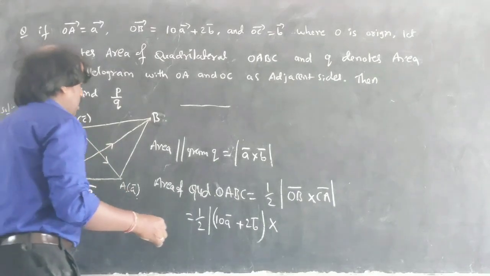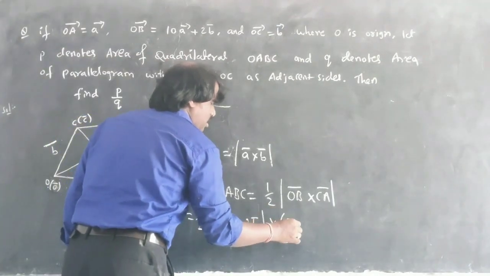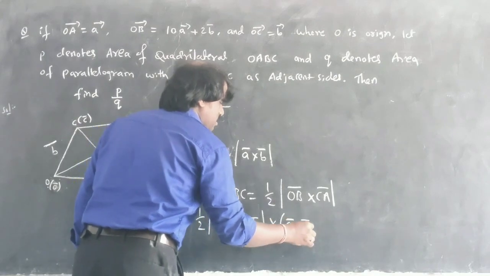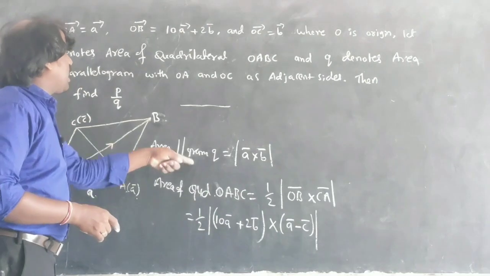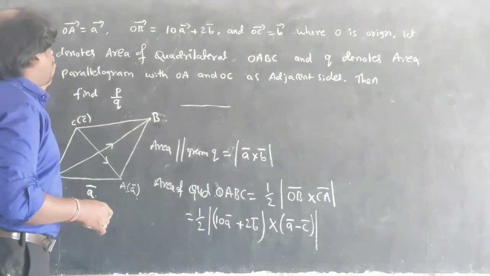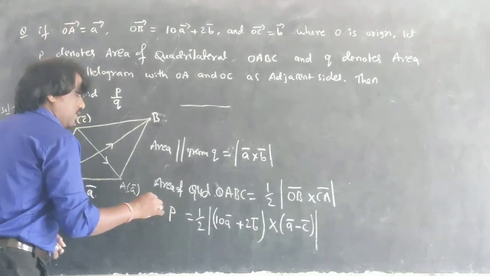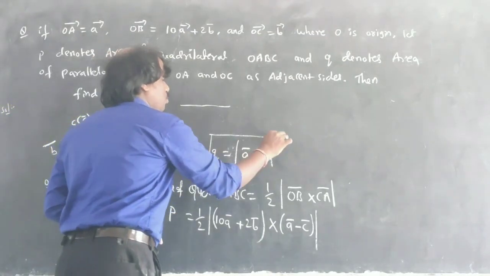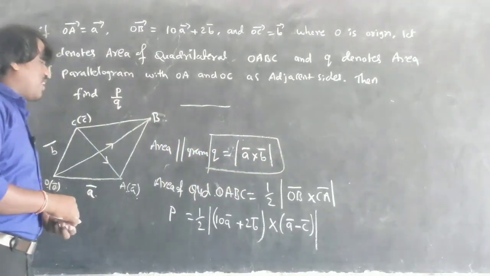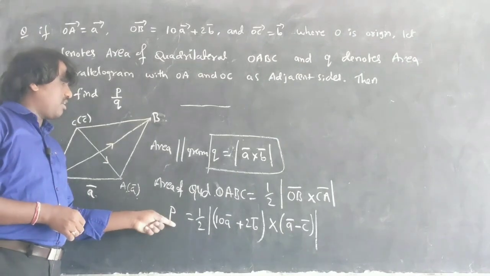That is A vector cross A vector minus C vector. This is what I am going to get. Now this area of the quadrilateral they denoted with P, and the area of the parallelogram denoted with Q. Now what you have to find? You have to find this area and divide P by Q.